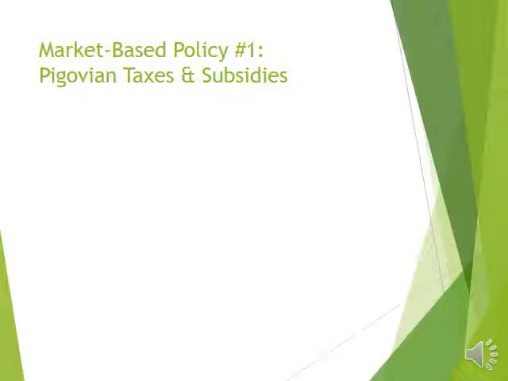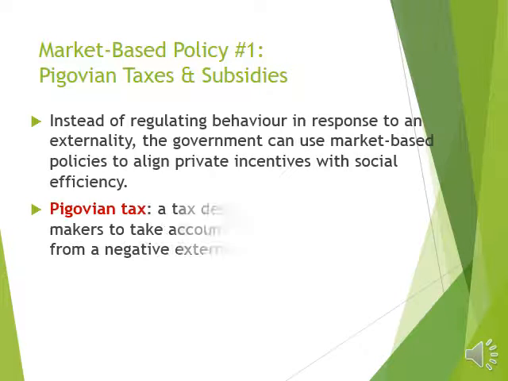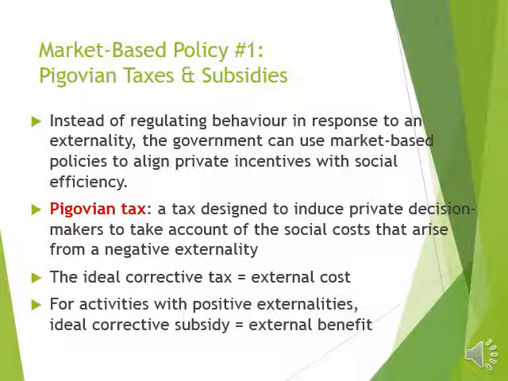So we've talked about public policy as being command-based policy or market-based policy, and we're going to start off with market-based policy. Basically, market-based policy is a lot easier to understand.